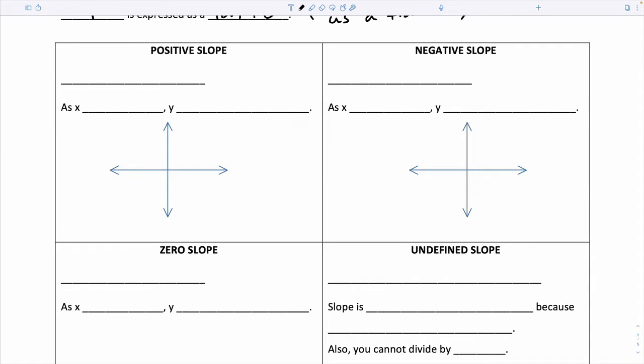And in just a minute, I'm going to have you work with the partner and try to fill out this graph. If you need to look at your notes from yesterday, you can, but I want you to try to, just from memory, draw in a line that matches these. A positive slope should be increasing. A negative slope should be decreasing.